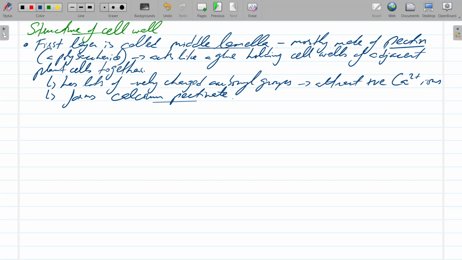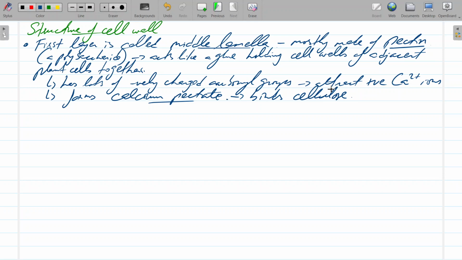Right, or well, actually calcium pectate, not pectinate. Pectate. Right, so this binds the cellulose. So right, the cell wall doesn't start with cellulose, it starts with pectin.